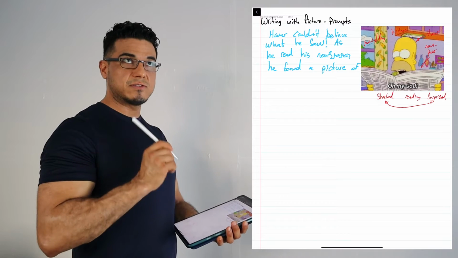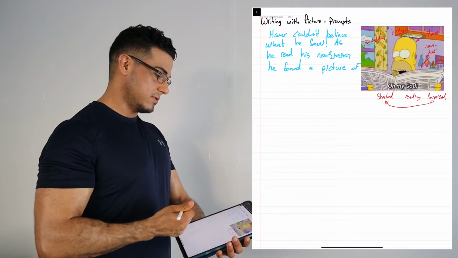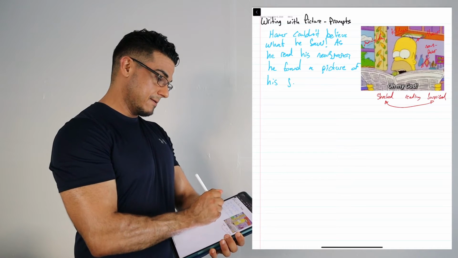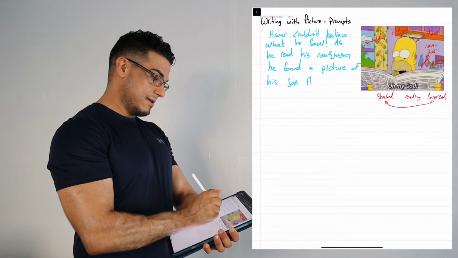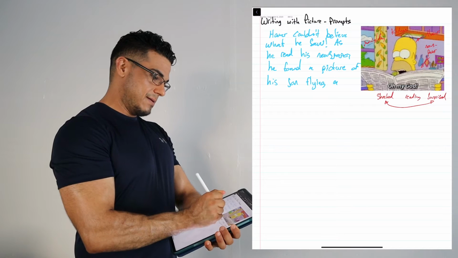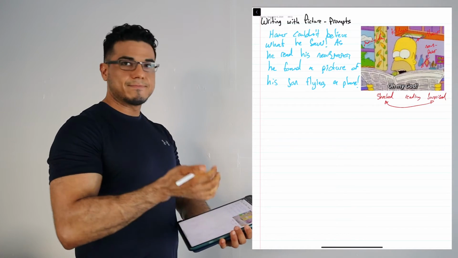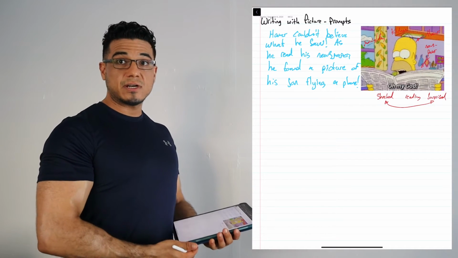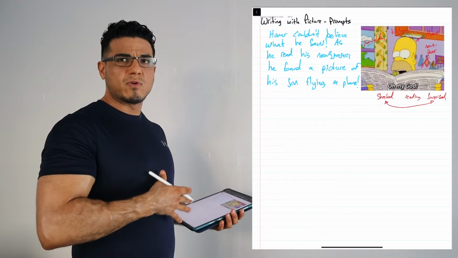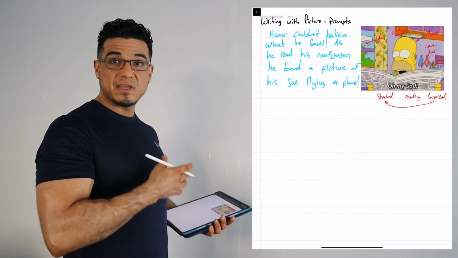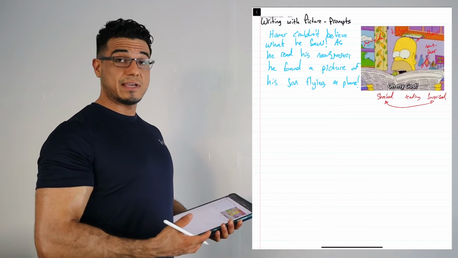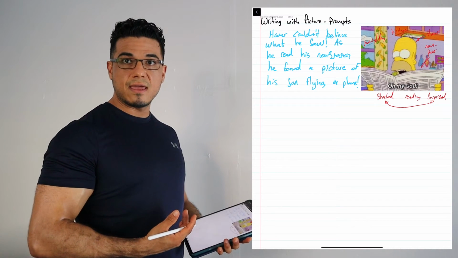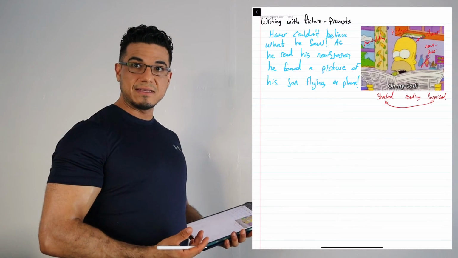And so again, if I'm a student, I'm going to try to be as creative as possible. He found a picture of his son, let's say, flying a plane. And it doesn't have to be nonsensical. If your child decides that they would rather this be more of a serious story, they're welcome to. They can make it as funny as they want to, or scary as they'd like. The idea is just to get your kids writing and thinking of really interesting ideas.